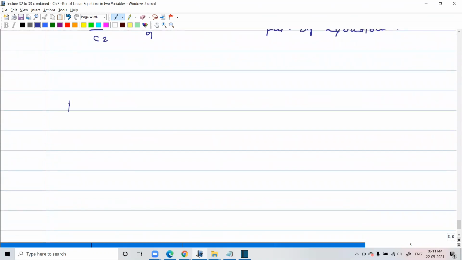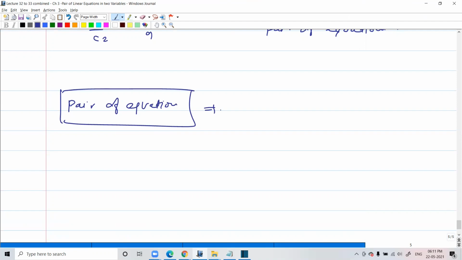So I will give you a pair of equations. You have to write about the graph, whether it will be intersecting. Intersecting means they will be intersecting at one point. That means they have one solution.